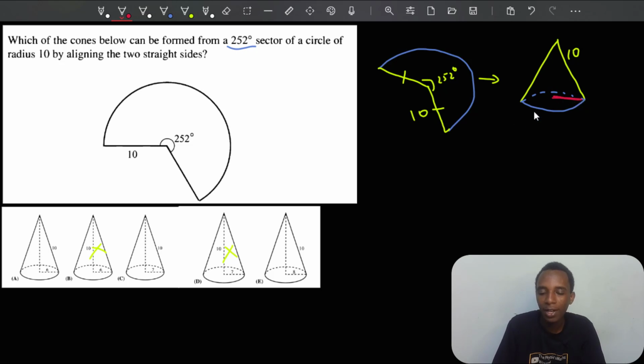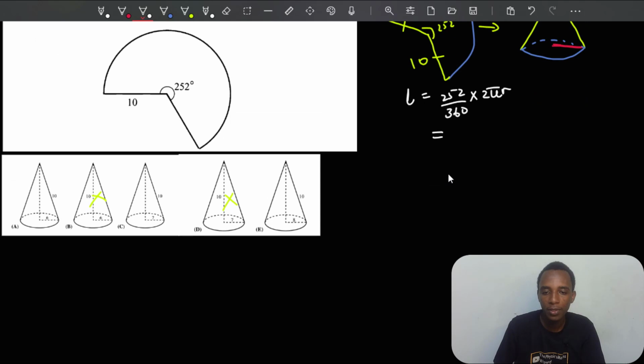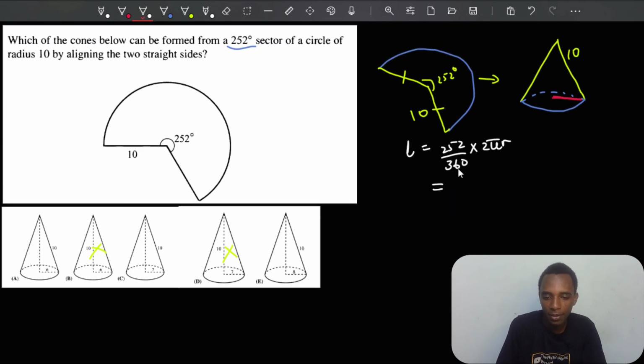Let's see how we are going to do that. We can find the circumference of the base, which is the length of this arc here. The length of this arc is 252 out of 360 times 2 pi r, so this is 7 out of 10 times 2 pi times 10, which is the radius.